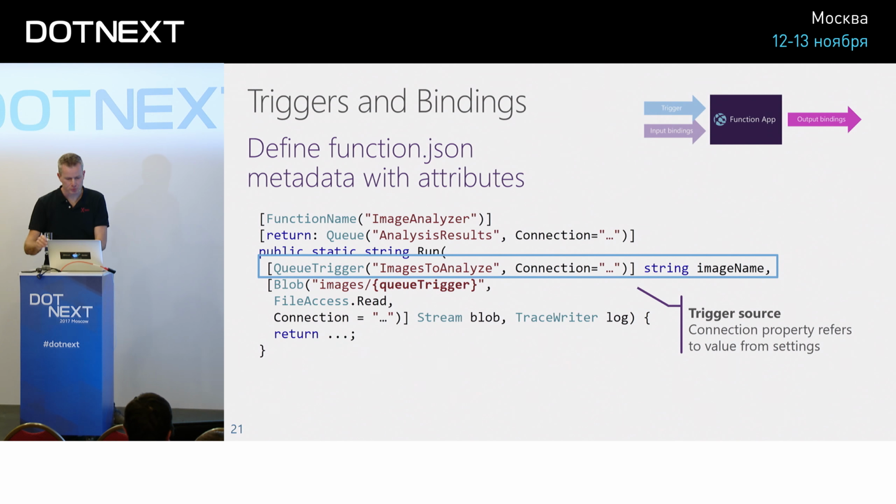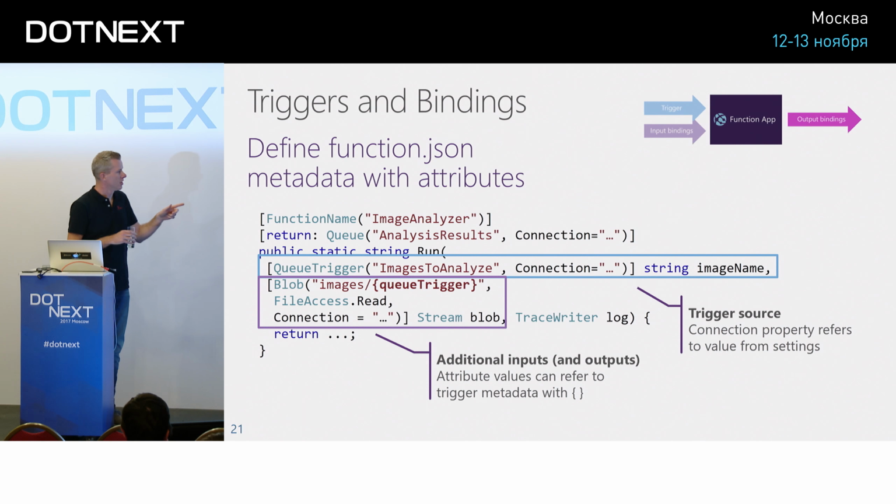In this case, it expects that what you put in the message on the queue is the name of a blob that has arrived. Think about the example with the phone uploading a photo. The first function puts it into blob storage, and the second one could be this one, where the first one says, okay, I'll put something in blob storage and I'll put a message on the queue.